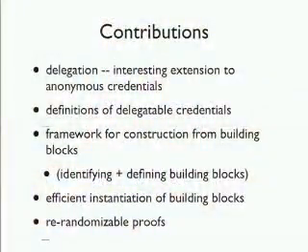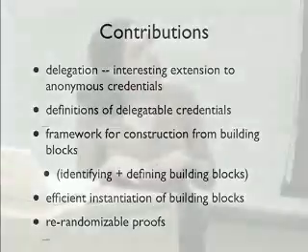So to sum up, the contributions that I've talked about here: hopefully we've given this extension of delegation to the anonymous credential framework, which I think is an interesting extension, and hopefully gives a little bit more flexibility. We give definitions for the credentials so that you can say exactly what it is we're guaranteeing about them.